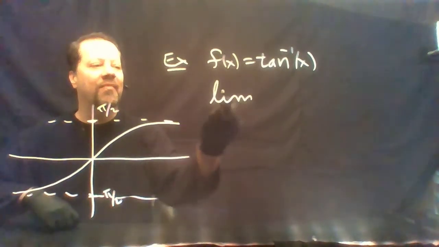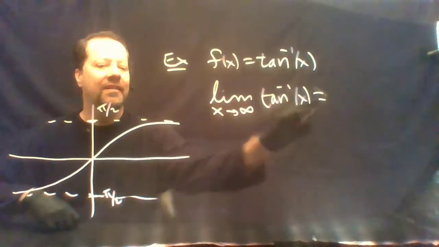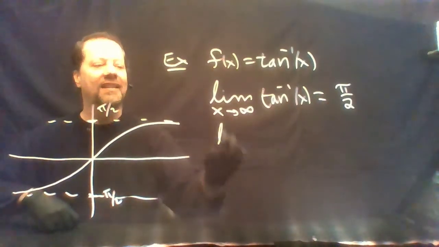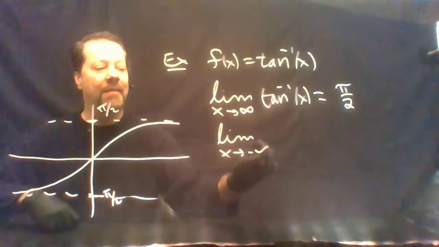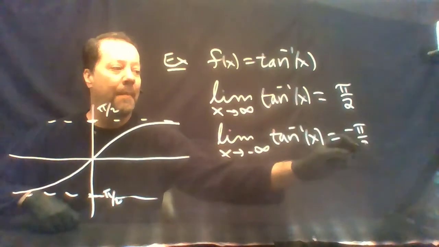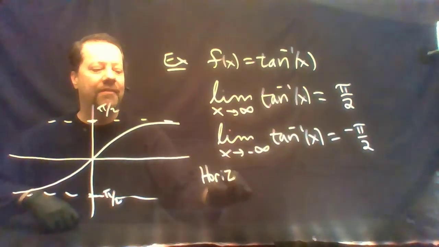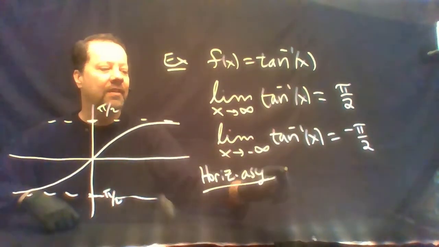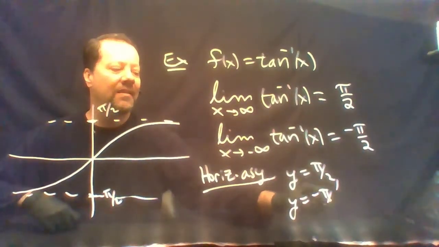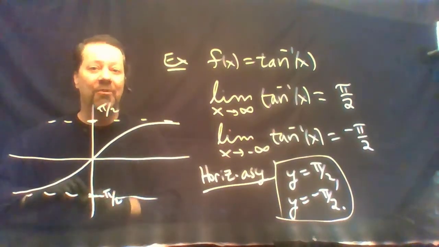In the limit as x goes to infinity of inverse tangent of x, the function tends towards the value pi over 2, and in the limit as x goes to minus infinity, the function goes to minus pi over 2. It follows that we have two horizontal asymptotes, y equals pi over 2 and y equals minus pi over 2. I want you to remember this example.